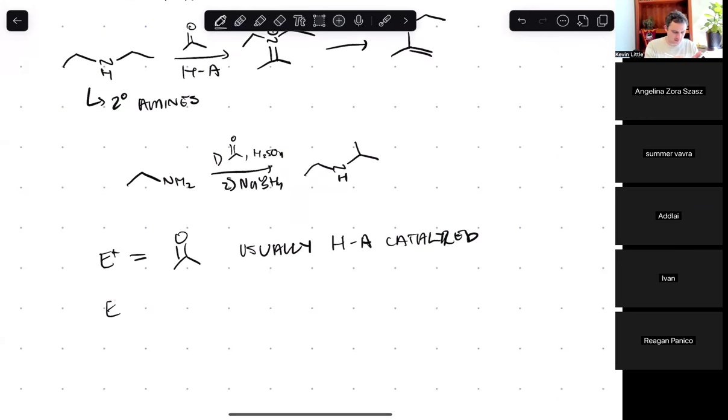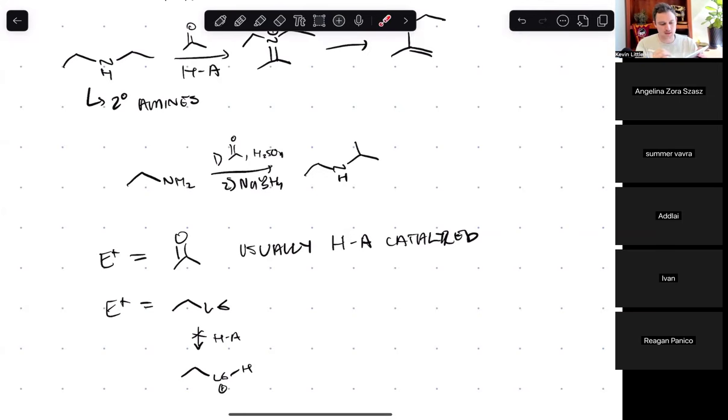But if my electrophile has some sort of leaving group, like a halogen, a bromine wouldn't ever want to be positively charged, so we usually use base.